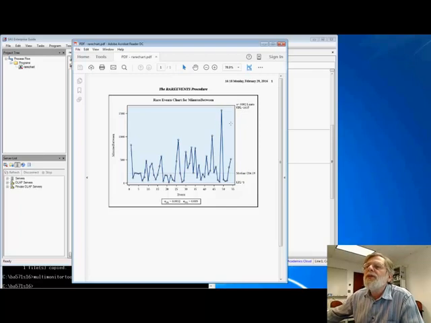So if we stray above the upper limit, we can say that the average time between infections, the average number of minutes between infections, has gone up. So we've had a shift in the mean.